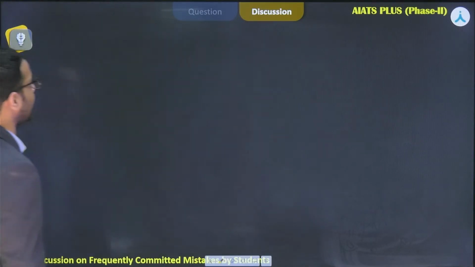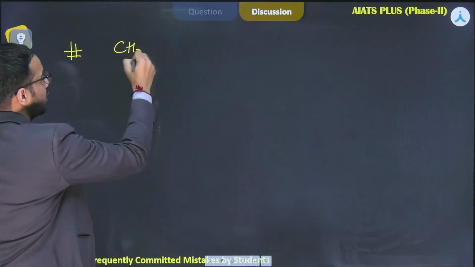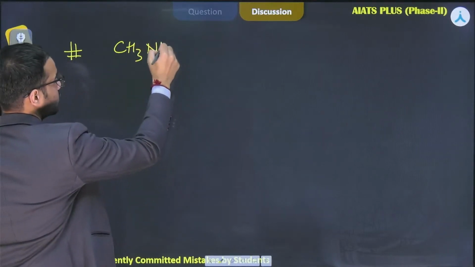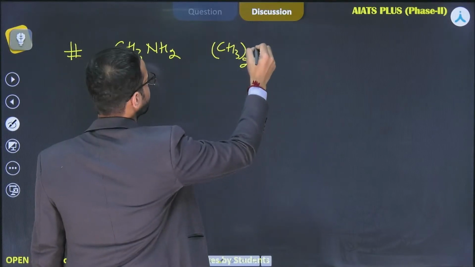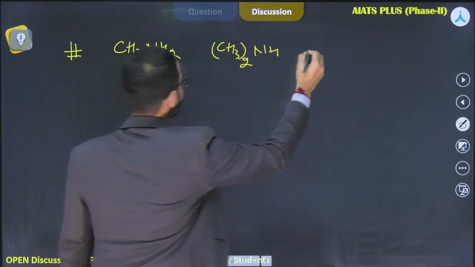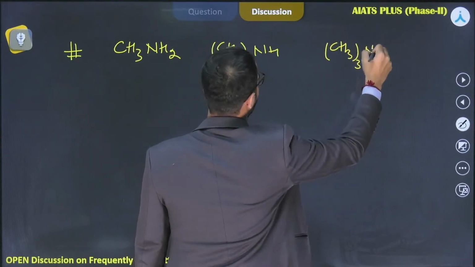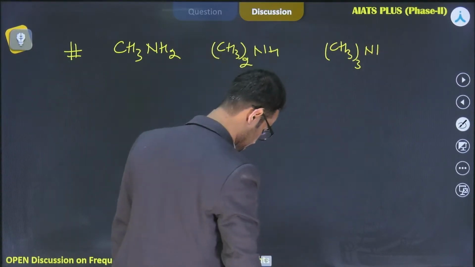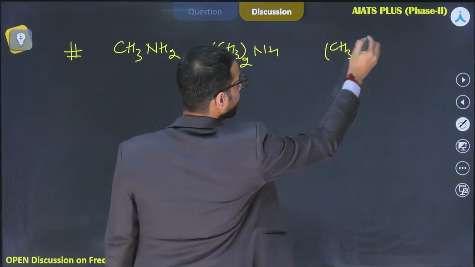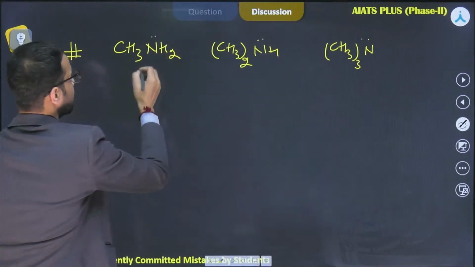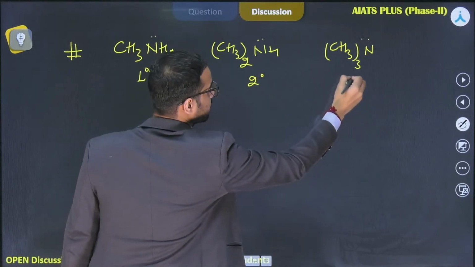Let us take an example. If you are taking CH3NH2, (CH3)2NH, and (CH3)3N, this is a primary amine, this is a secondary amine, and this is a tertiary amine.